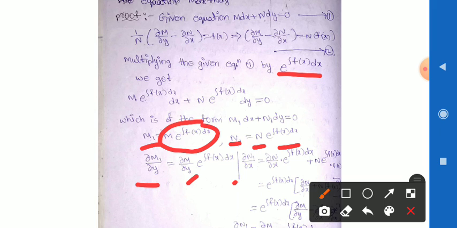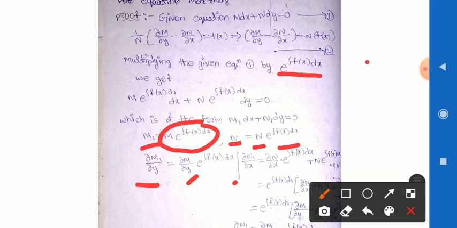Doing differentiation first with N, we get ∂N/∂x times e raised to the integral of f(x) dx, plus I am doing differentiation with the exponential term.